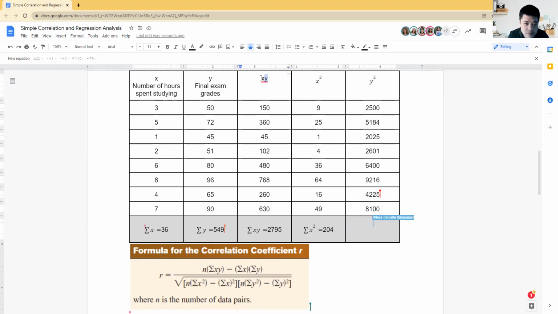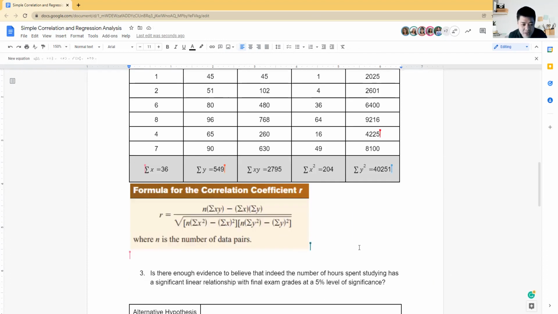Na-OC ako dito. Sorry. Okay, yan. So, meron na si Alexa. So, this is the summation for y squared. Yan, okay. Thank you. So, for the rest, you can check the data.